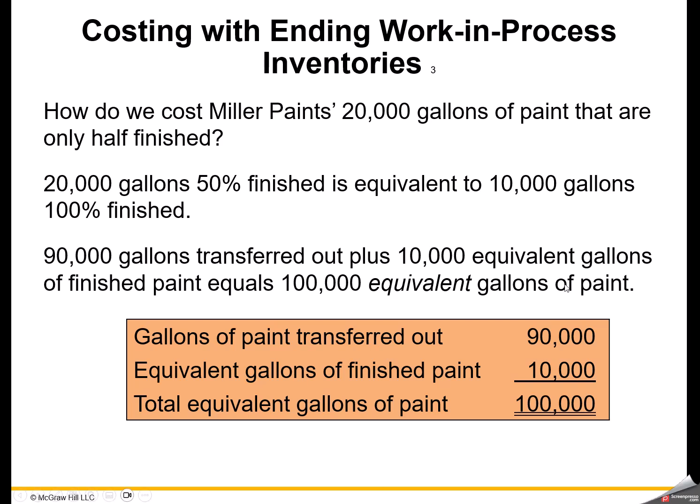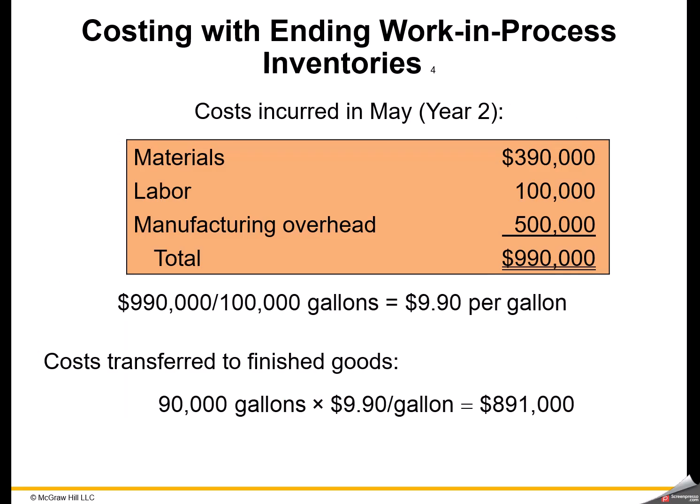We always want to focus, though, on equivalent units. If they're 50% complete, that means we would only have 10,000 equivalent units. So the 90,000 that were transferred out are 100% complete, plus the 10,000 equivalent units left in our ending inventory.